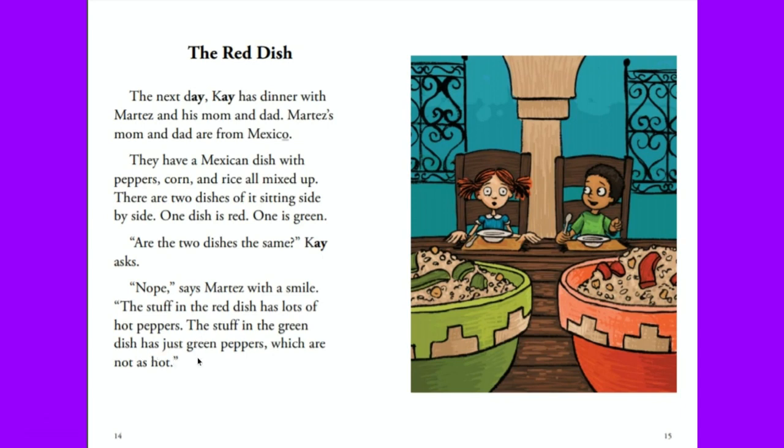The stuff in the green dish just has green peppers, which are not as hot." Do you think that is Martez showing that he has manners? It could be, because he is telling her that one is hot and one is not so that she doesn't get hurt.